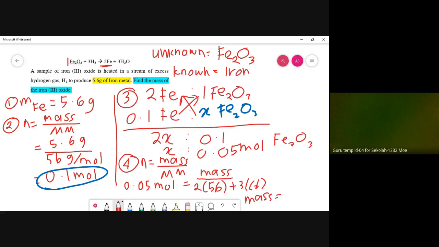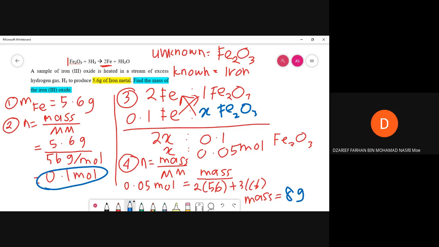Calculate. Farhana, what is your answer? 8. Yes, the answer is 8 grams of Fe2O3. Okay, faham?